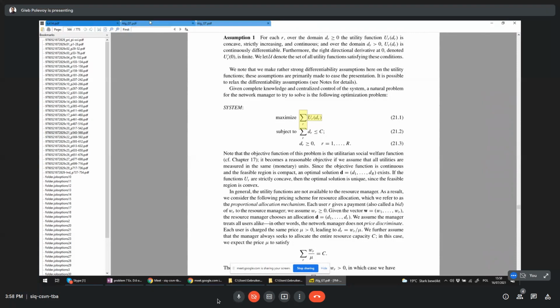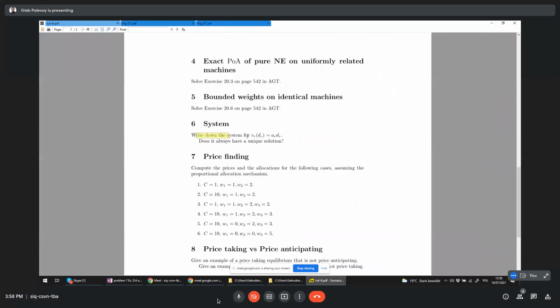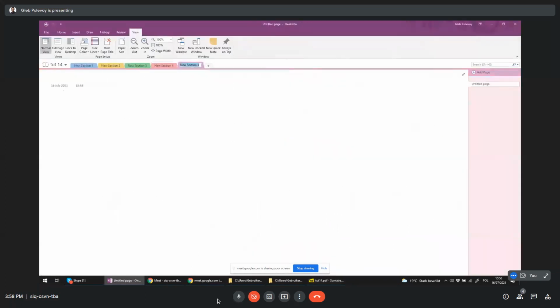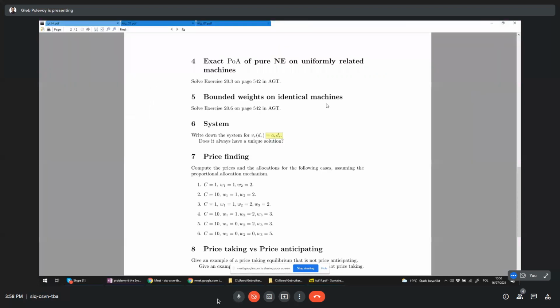So write this system for linear functions. Let's write it down. What is the system?